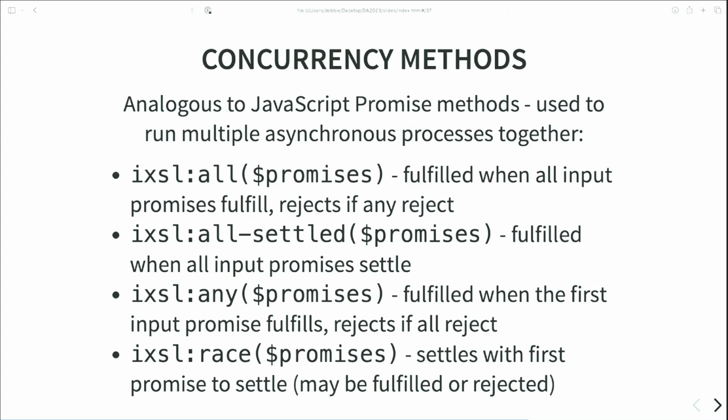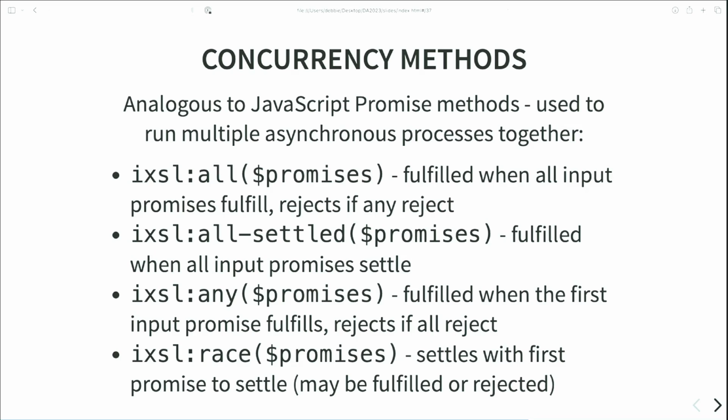So the first two here, all and allSettled, all of them take an array of promises, and the first two are looking to wait until they've all settled. The first one will be fulfilled if all the input promises fulfill, and reject if any of them do reject. So you'll either get returned an array of all the fulfillment values, or you'll get a rejection.